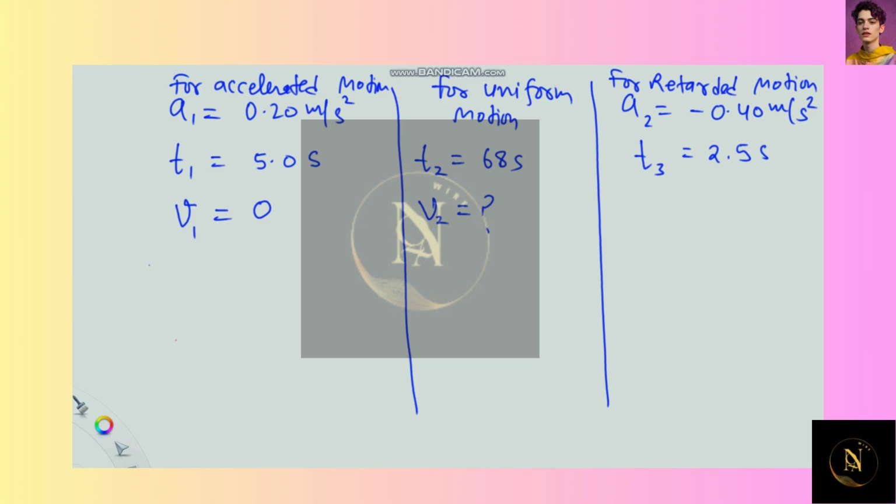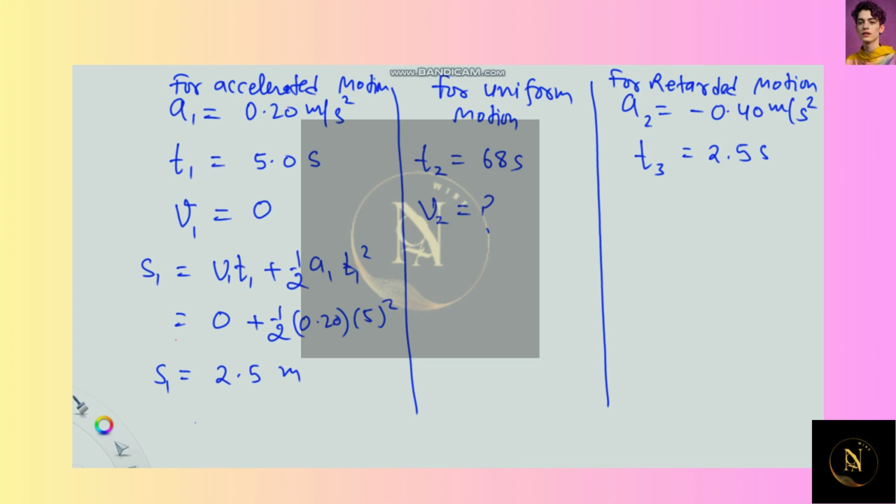For accelerated motion, distance covered will be given by using second equation of motion. S1 is equal to v1 t1 plus half a1 t1 square. First term will become 0 plus half a1 means 0.20 into t1 means square of 5. So this distance traveled during the accelerated motion calculated to be equal to 2.5 meter.